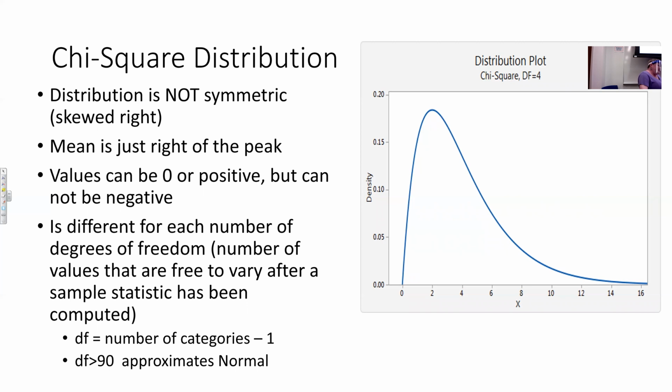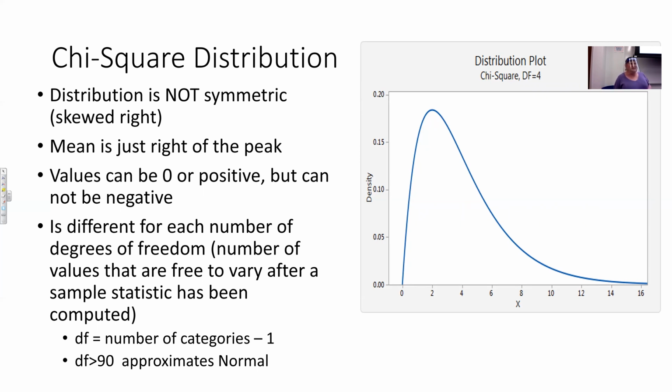You really don't need to know the formula, because Minitab is going to do it for you, but the formula for calculating the degrees of freedom is the number of categories you have minus 1. And if your degrees of freedom are greater than 90, so if you had 91 categories or 100 categories, so that your degrees of freedom was 99, then the chi-square distribution actually approximates the normal.